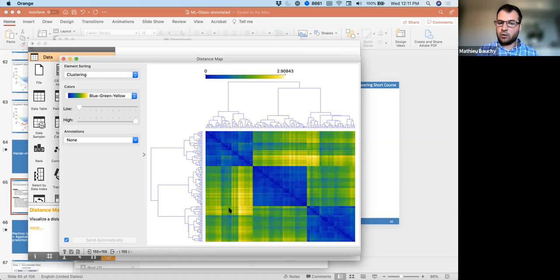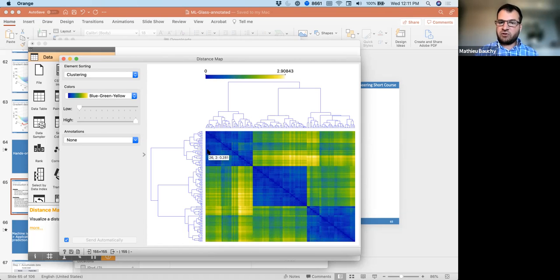It's more like a yellow color, which means that it's a high distance. And now you find here that there are 3 big squares of groups of data points that are close to each other. So that's another way to see that there seem to be 3 groups of data points that are pretty close to each other.